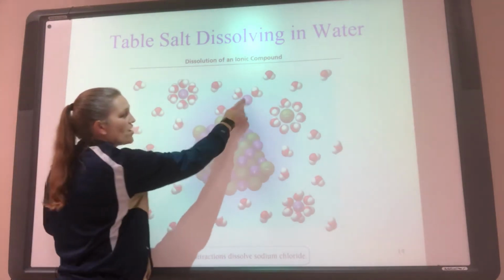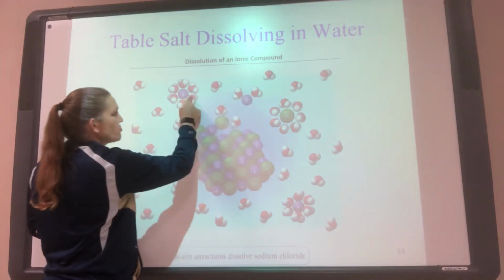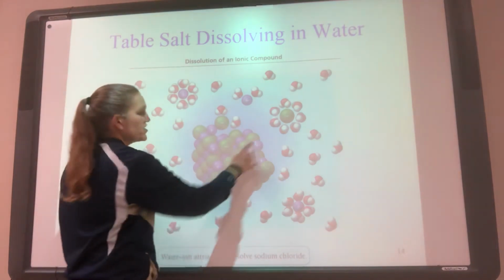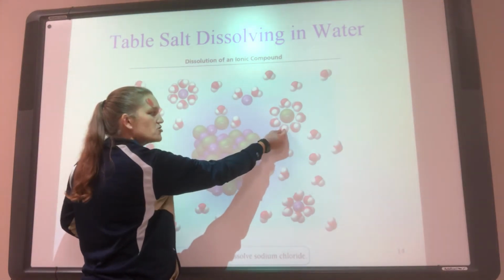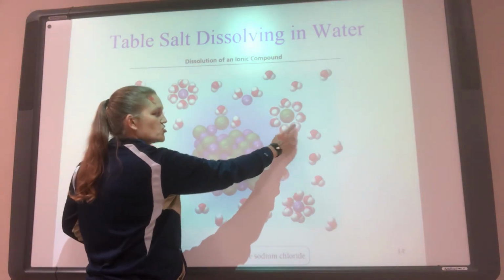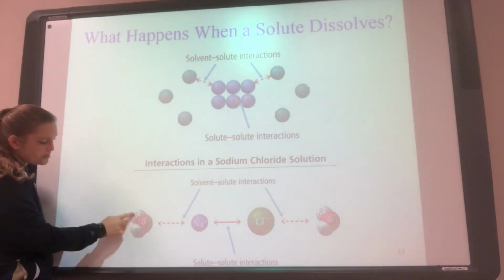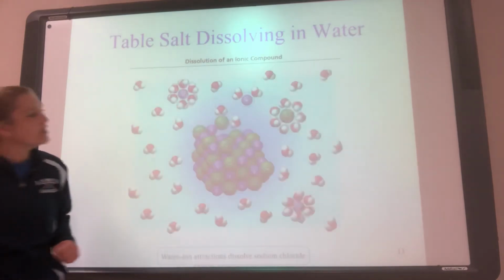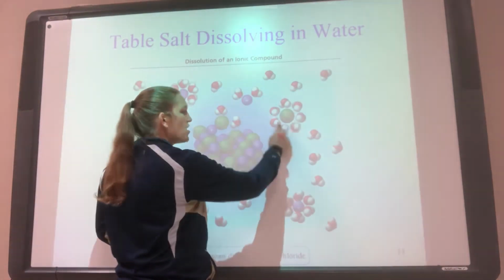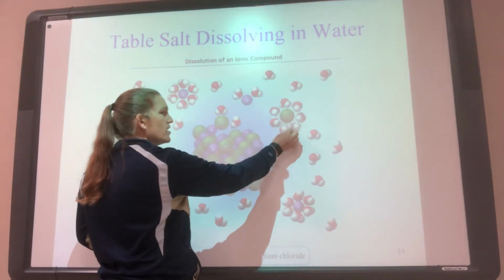So if you look at all the positives, all these partial negatives are pointing to it. If you look at the negative, the water molecule turns so that the partial positives, see the partial positives were the white hydrogens, the white parts, the hydrogens, are now facing in, okay?